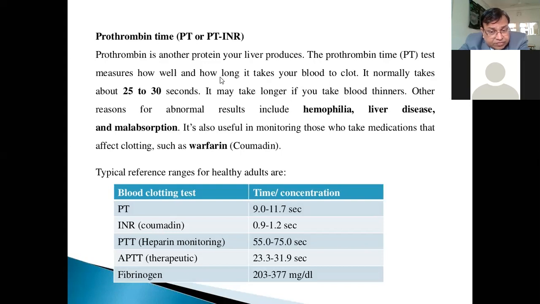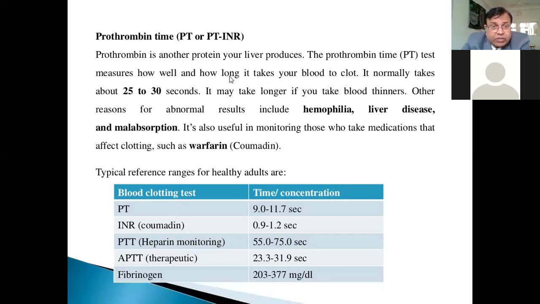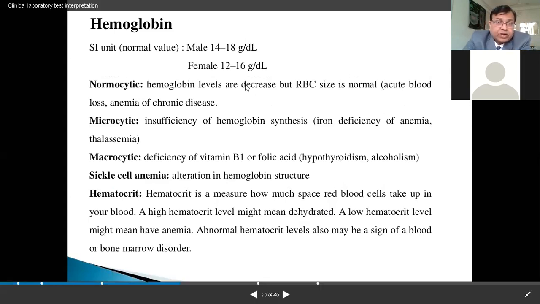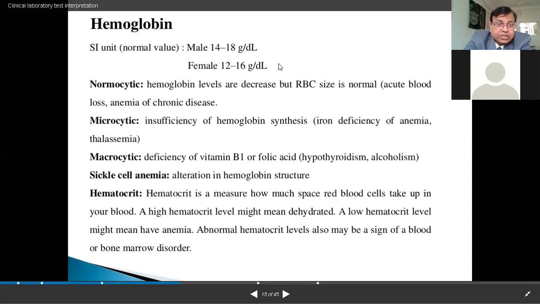The fibrinogen and APTT tests are also given in seconds, and fibrinogen is the concentration of fibrinogen protein. This test is usually conducted to detect the clotting time of the patient's blood before any surgery.